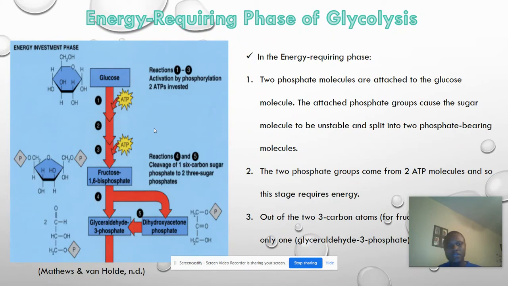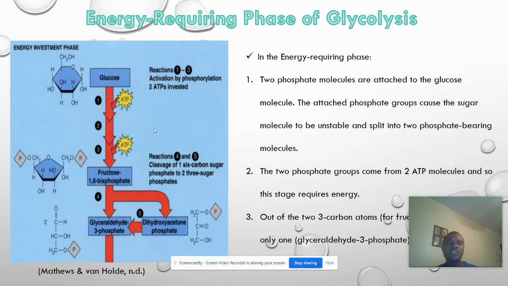Now let's look at the energy requiring phase of glycolysis. In this phase, two phosphate molecules are attached to the glucose molecule or to a sugar molecule. The attached phosphate groups cause the sugar molecule to be unstable and split into two phosphate bearing molecules.